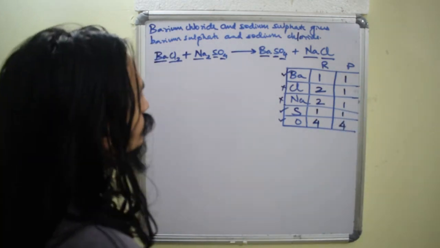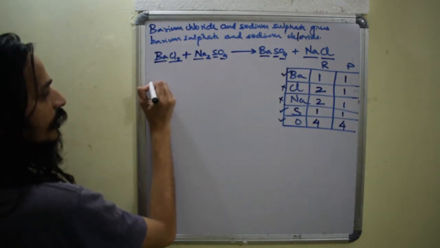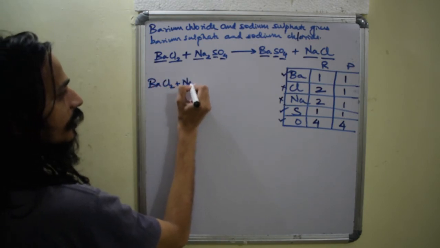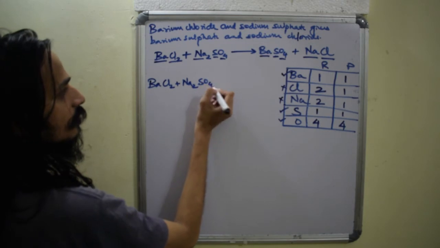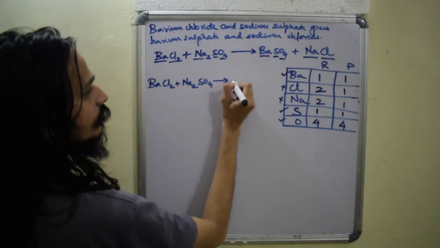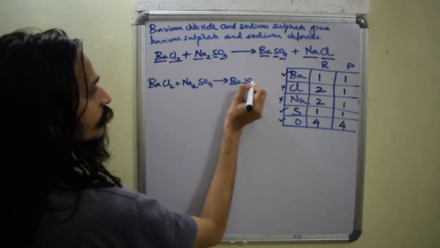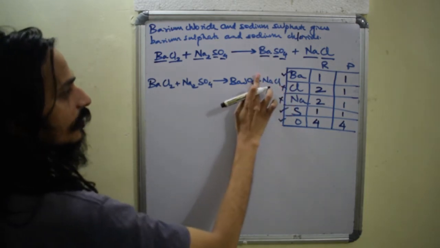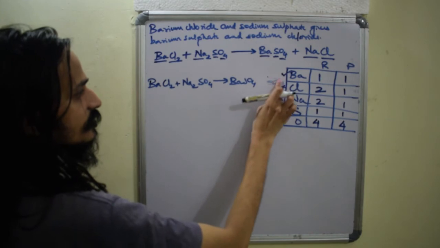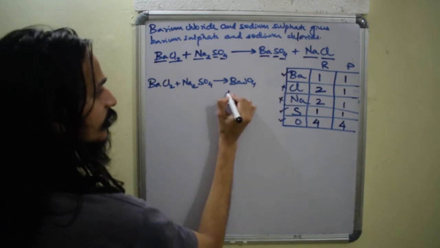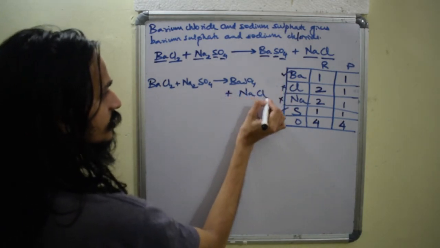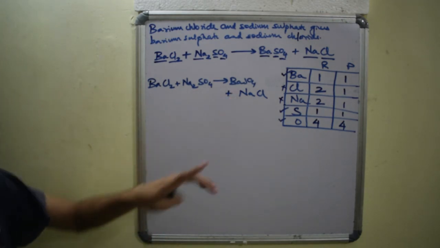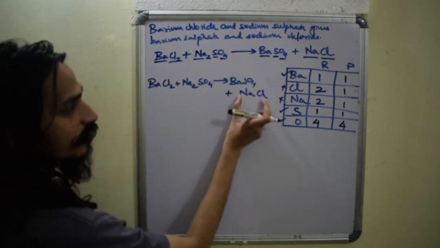Now, what I can do, I will write BaCl2 plus Na2SO4 gives rise to BaSO4 plus NaCl. Alright, let me write this down because there is no space. Now what I can do is add a number before the name of a compound. This is one compound.